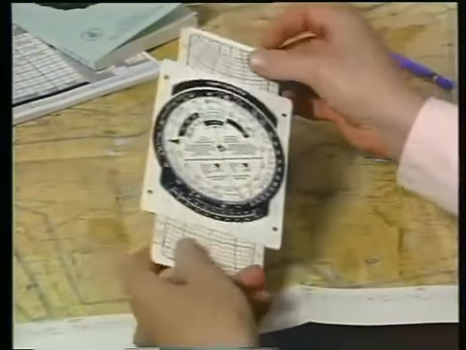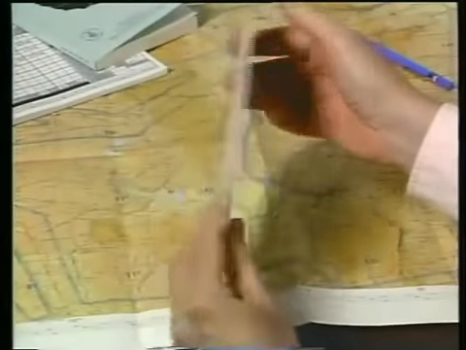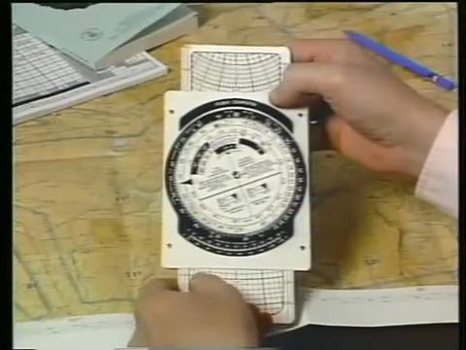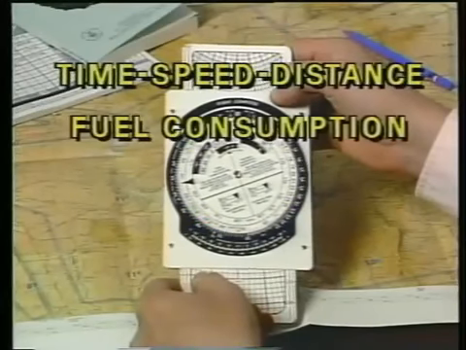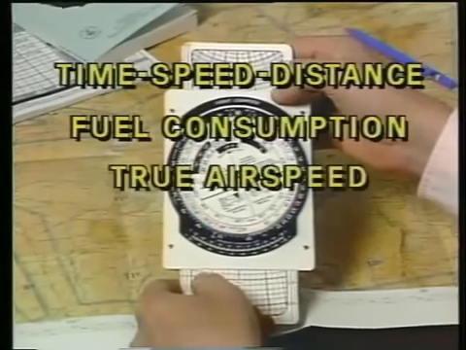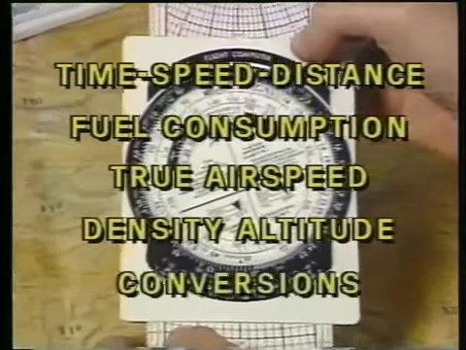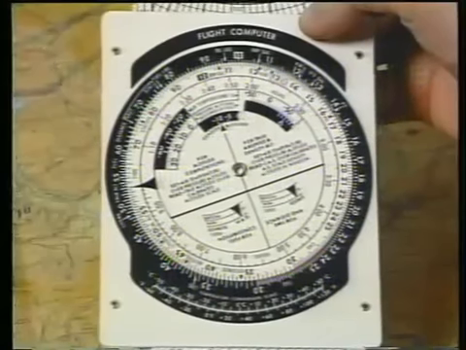The CSG computer has two sides, the wind side and the calculator side, which can be used to solve a variety of problems including time, speed, distance, fuel consumption, true airspeed, density altitude, and conversions. There are 3 scales on this side of the computer.